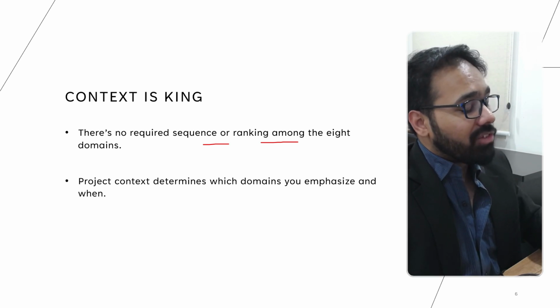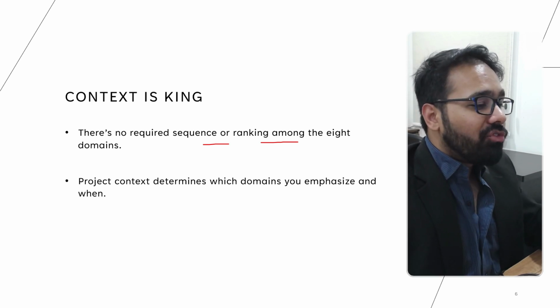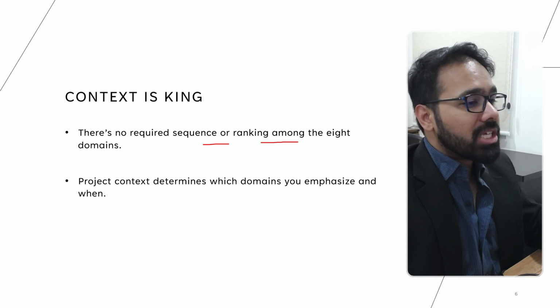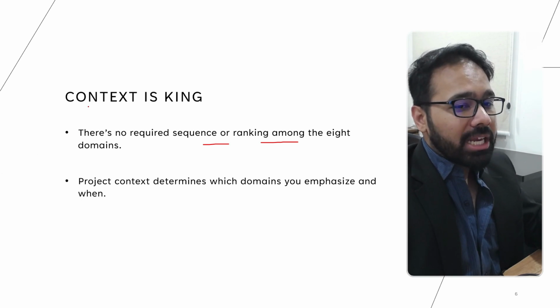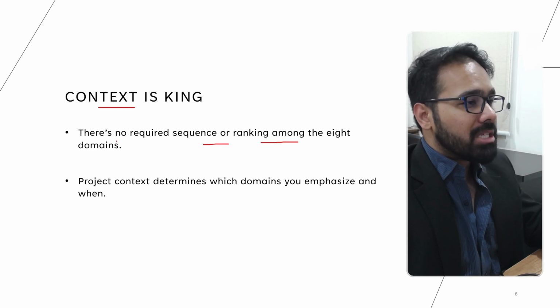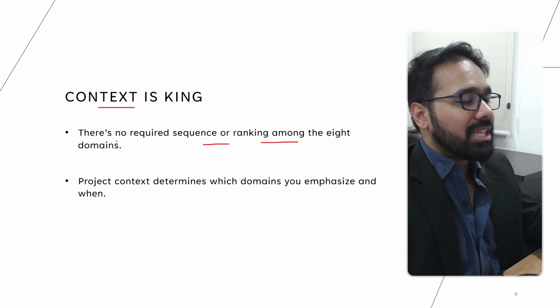They take the front stage. So it's all about fitting your project's unique story. And that is why context is king. None of these 8 performance domains is something that you would do in sequence. None of these have more importance than others.